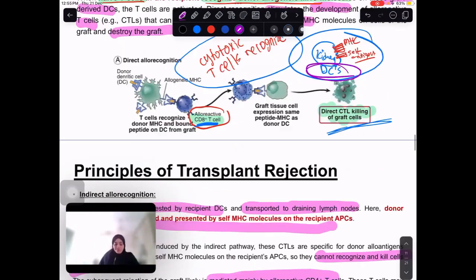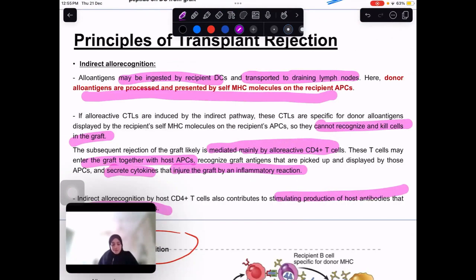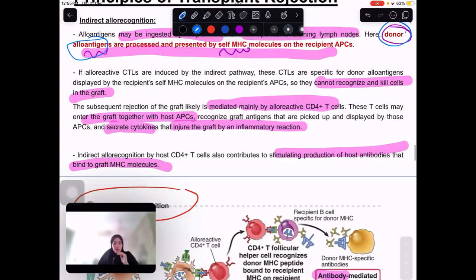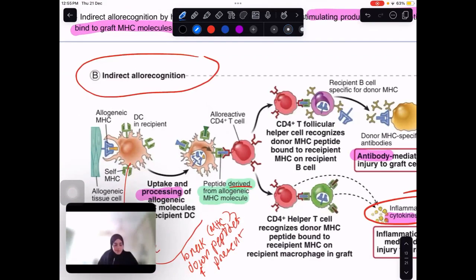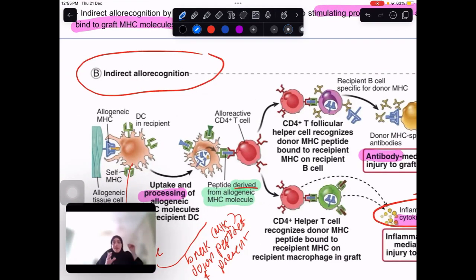The indirect allo recognition is going to be presented by my own self MHC, but the antigen is from the donor. I'll explain to you here. In the direct, I mentioned that the donor's DC was there. The indirect is my own dendritic cells.